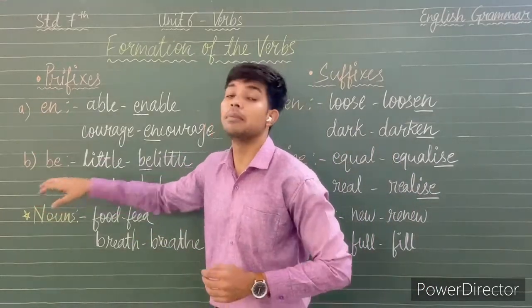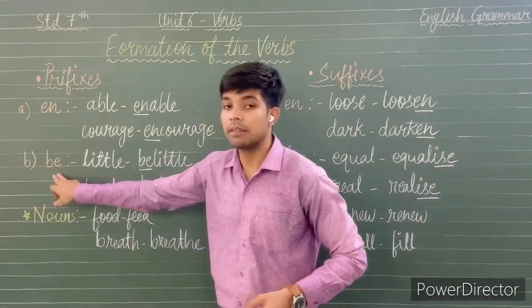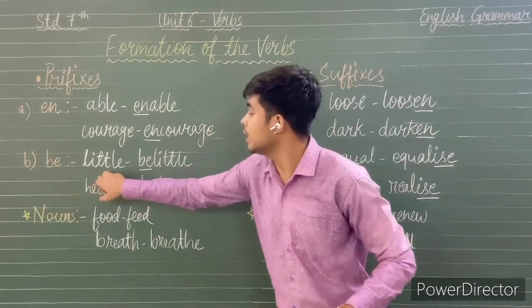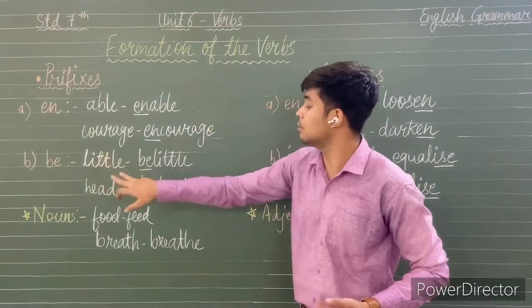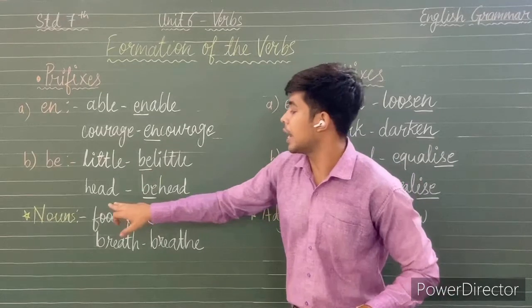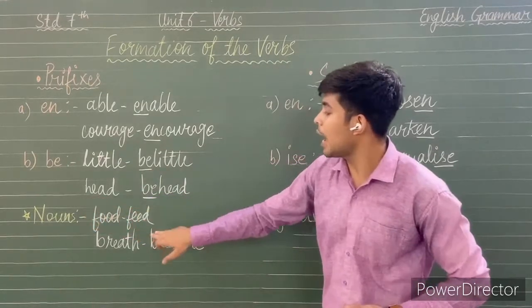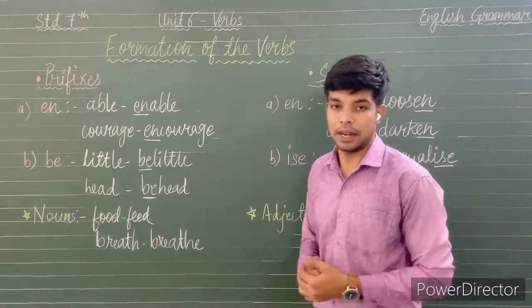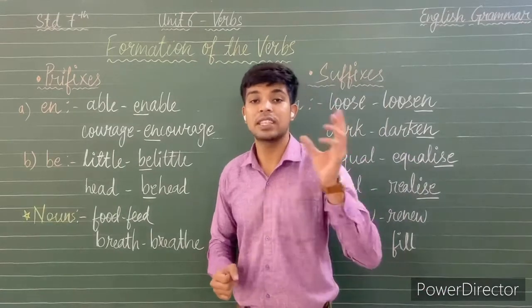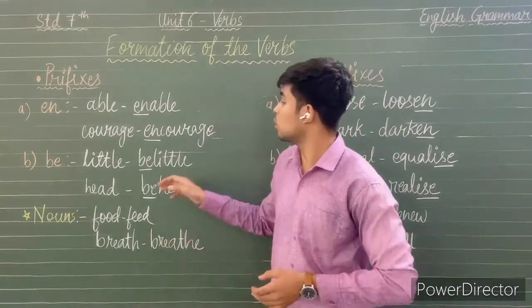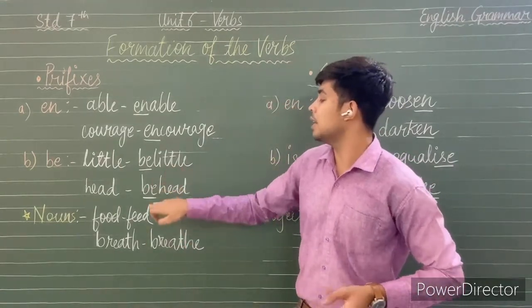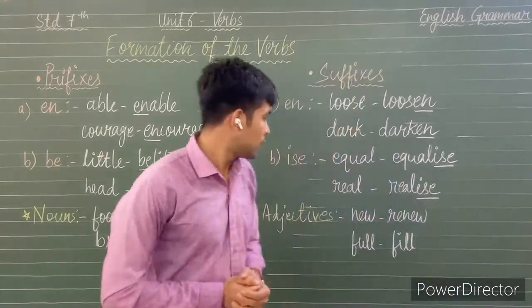For another example with the prefix be: little becomes belittle and head becomes behead. When we add the prefix be to them, both become verbs, belittle and behead.